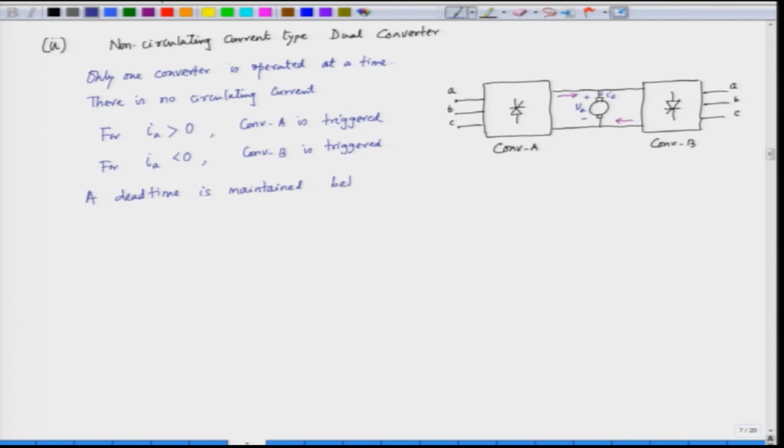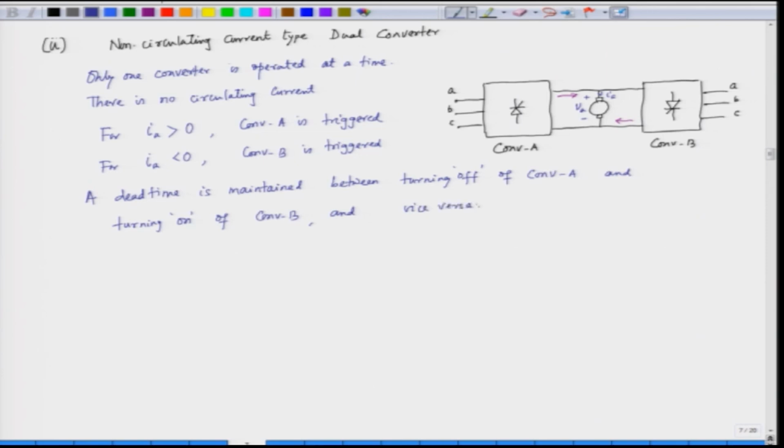between turning off of converter A and turning on of converter B and vice versa.